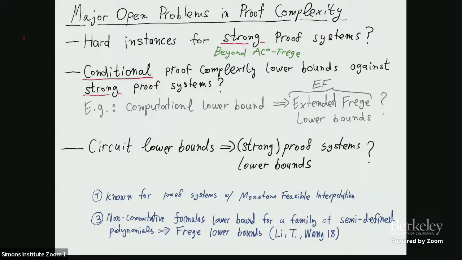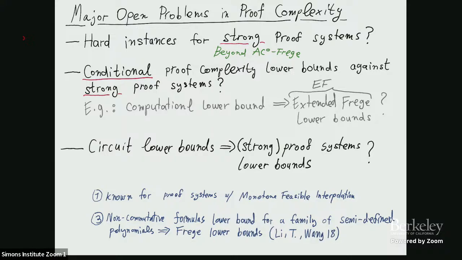Now, we sometimes also want to ask the following. Okay, we cannot prove that these hard instances for proof complexity exist, but maybe conditional proof complexity lower bounds exist. Maybe we can prove for strong proof systems, for instance, that computational lower bounds imply some extended Frege, which I denote EF, lower bounds. Computational here means something different than NP is unequal to co-NP, which is almost immediately this implication.